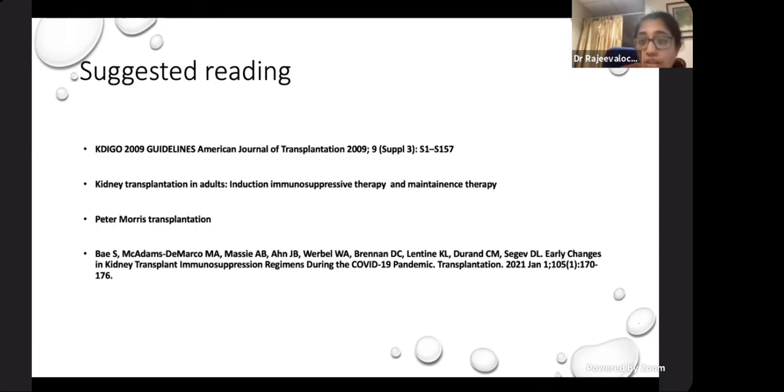It's good to read with all the trials being given. In Peter Morris, there is a chapter dedicated to every immunosuppressive agent, and a very nice review and meta-analysis by Sejev on the early changes in kidney transplant immunosuppression regimens during COVID-19. Many publications from IKDRC in regards to COVID-19 and transplantation are a good read to follow.